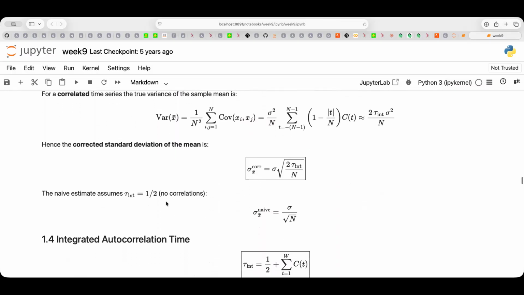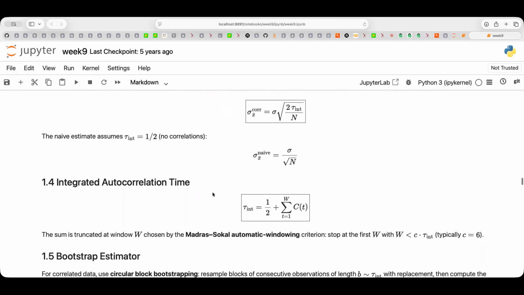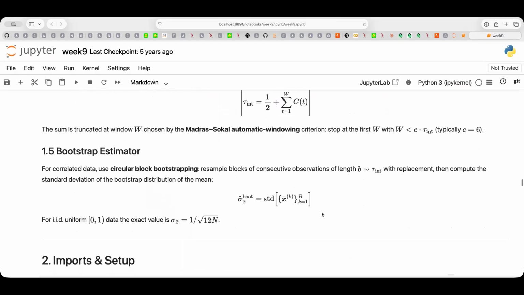And you know that the naive one is typically sigma divided by the square root of n. This is the naive one. Then you can look at the integrated autocorrelation time, which is given by this quantity. These are the same things which we discussed on the whiteboard before the break. All these elements are just included here.